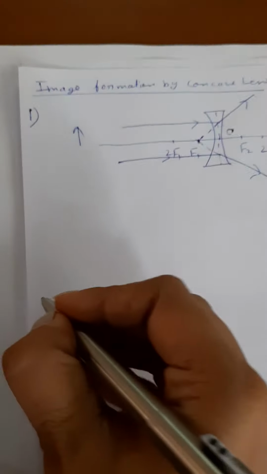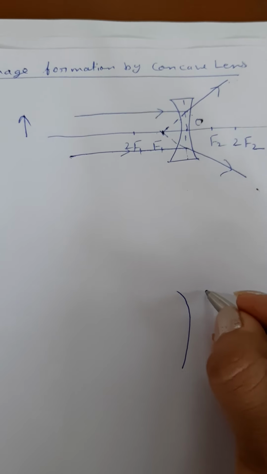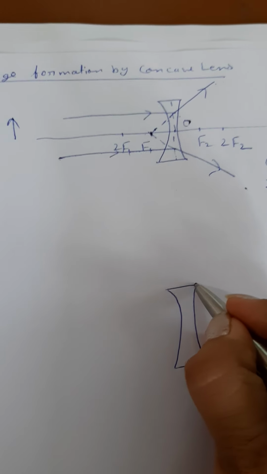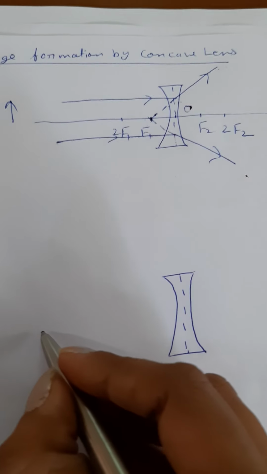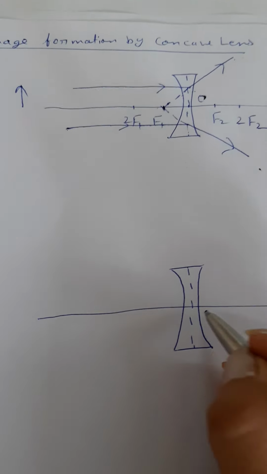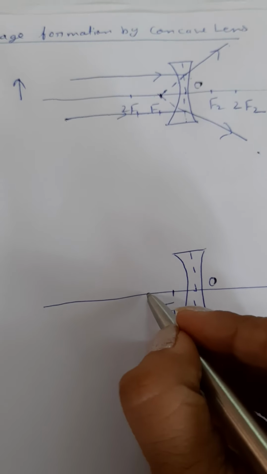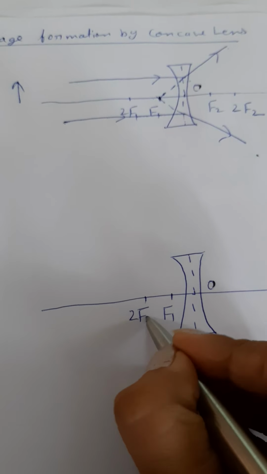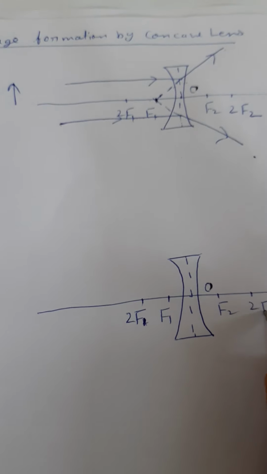One more ray diagram is there for the concave lens. The second one is, suppose we have a concave lens. Whenever we draw a concave lens or convex lens, we will try to make them as thin as possible. Okay, we will not draw thick lenses. This is the optical center, this is f1, this is 2f1, this is f2 and then 2f2.